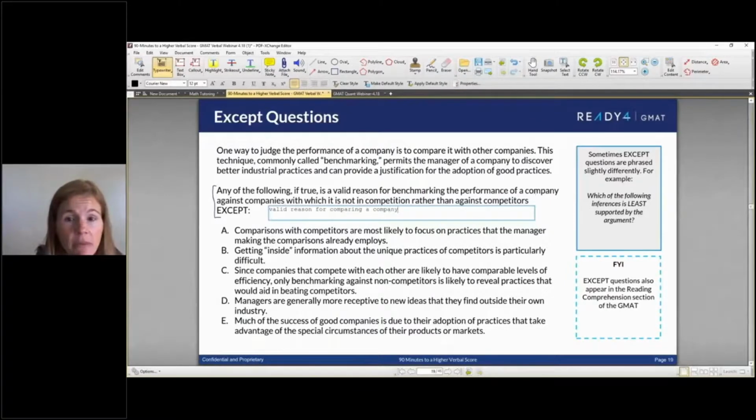So a valid reason for comparing a company against companies with which it is not in competition, so a valid reason for comparing a company to a totally different company, not a competitor. Well, you want to avoid using the word not, actually. So I'm just going to say to a totally different company. So a company it's not in competition with, rather than against competitors.